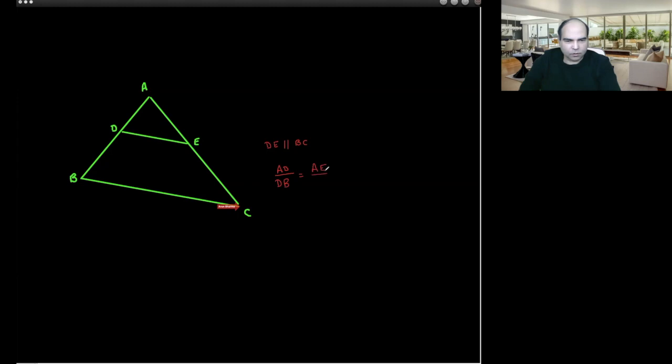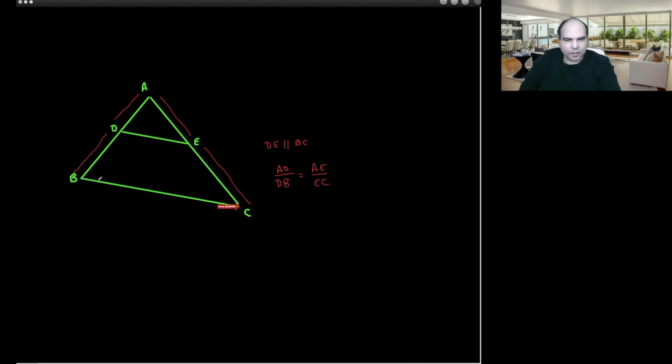So this would be equal to the ratio AE by EC. This is what the basic proportionality theorem says. So the ratio of these two parts would be equal to the ratio of these two parts in case DE is actually parallel to BC.